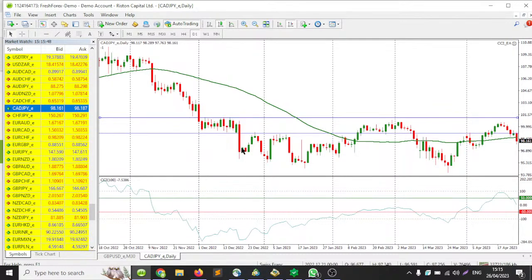Wait for price to descend below that trend, like it has happened here. When this happens, it's usually a very good sign that we are now going to see a possible continuation in that direction.